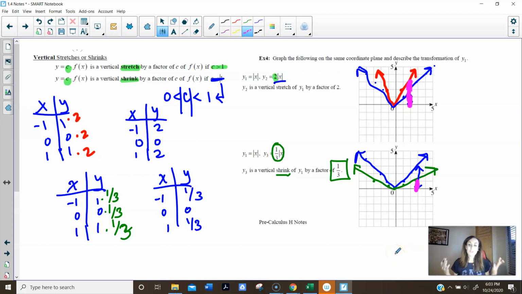Now, vertical shrinks and horizontal stretches are the exact same thing. They're just opposite of each other, and you get the same graph. If you have a vertical shrink, you get a horizontal stretch. So looking at this graph here, it's a vertical shrink, but it ended up being a horizontal stretch from that original function, which is in the blue.